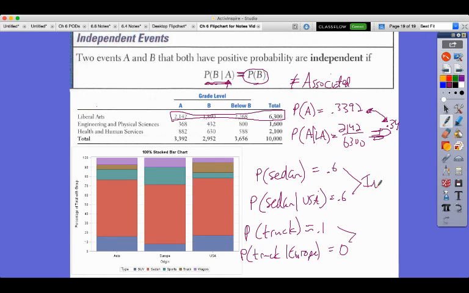So these are independent. These would be associated. Okay? And so independence, the probability of B given A is equal to the probability of B. And if it looks the same, like these red sections are all about the same height from left to right, that is a sign of independence. But when they start varying in size like these greens, that is a sign of an association. All right? So good luck and farewell.